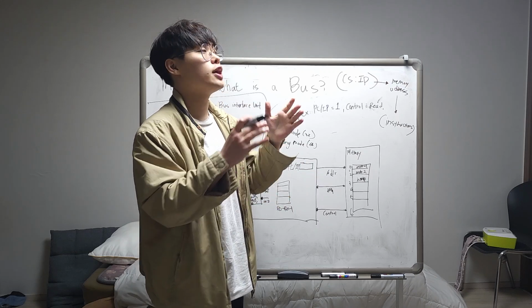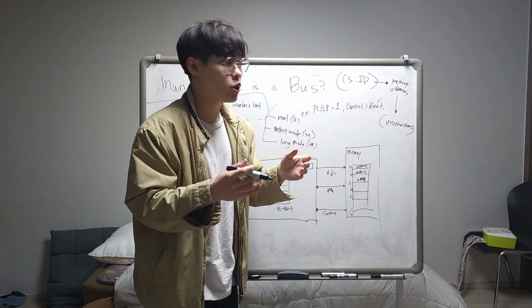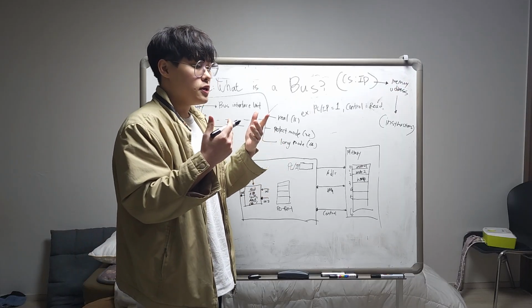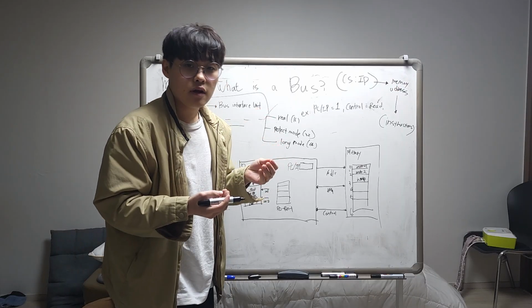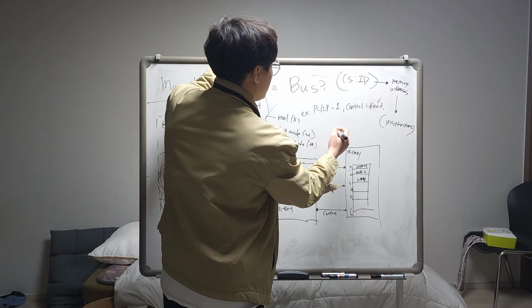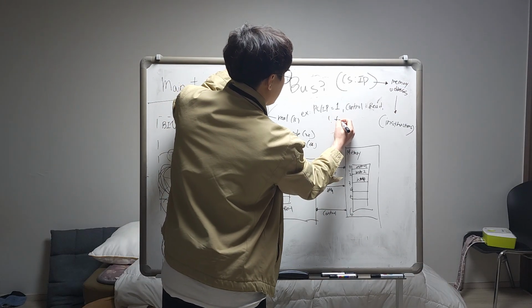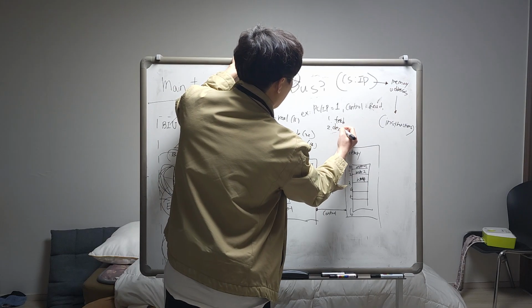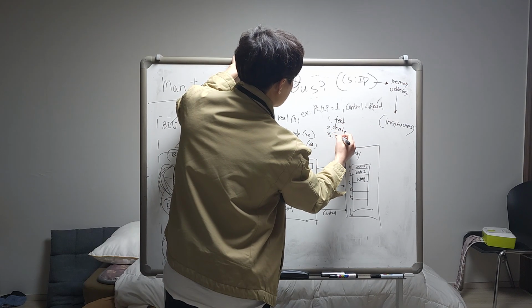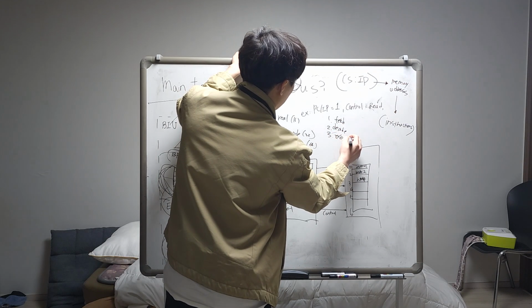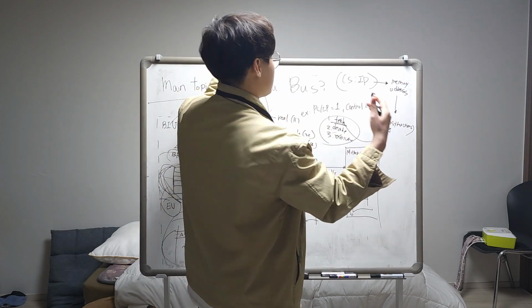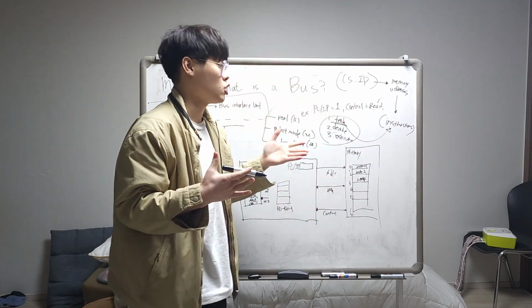Yesterday I talked about the big actions of the CPU: the first is fetch, the second is decode, and the third is execute. And this is the fetch. We're just getting the instruction, and that is called the fetch.